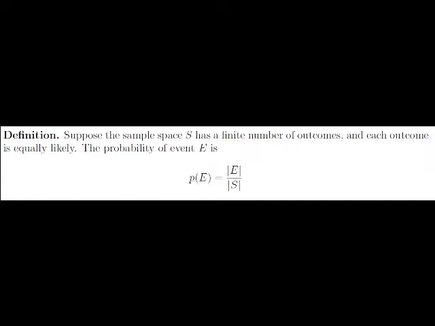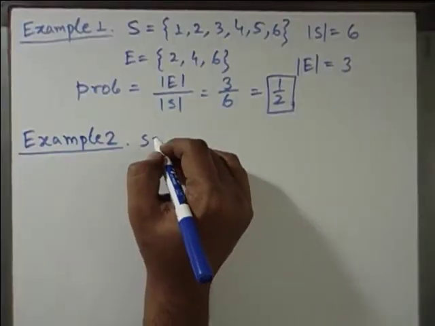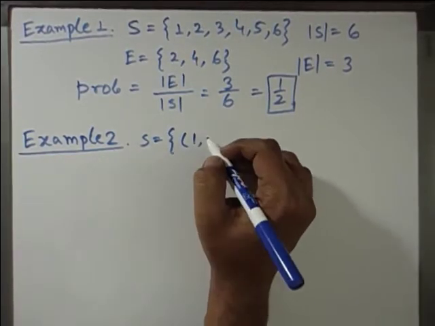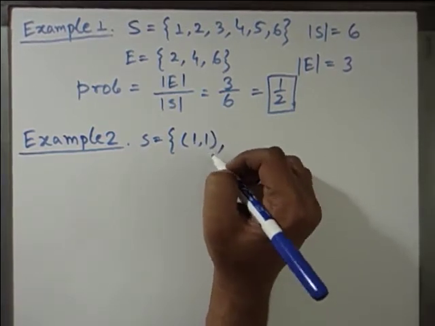Let's try another example. Example 2. Now 2 dice are thrown. What is the sample space? What are the outcomes?